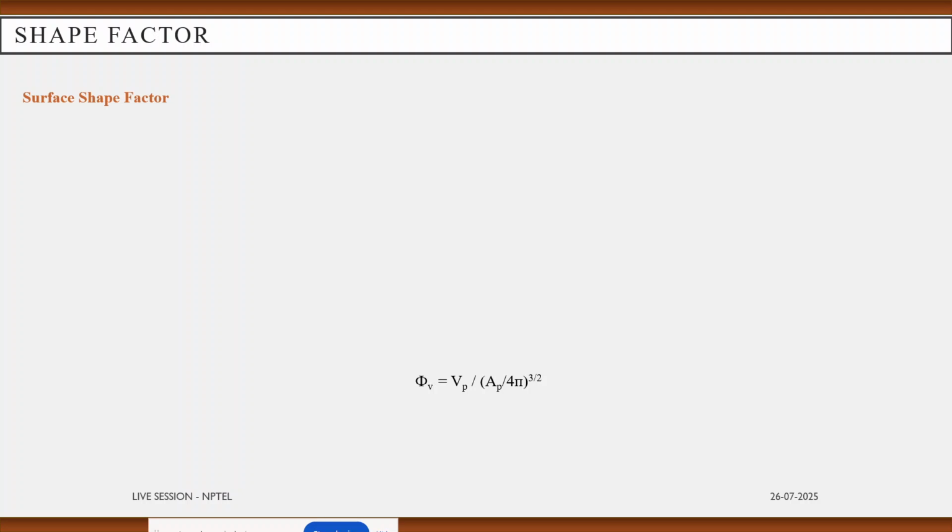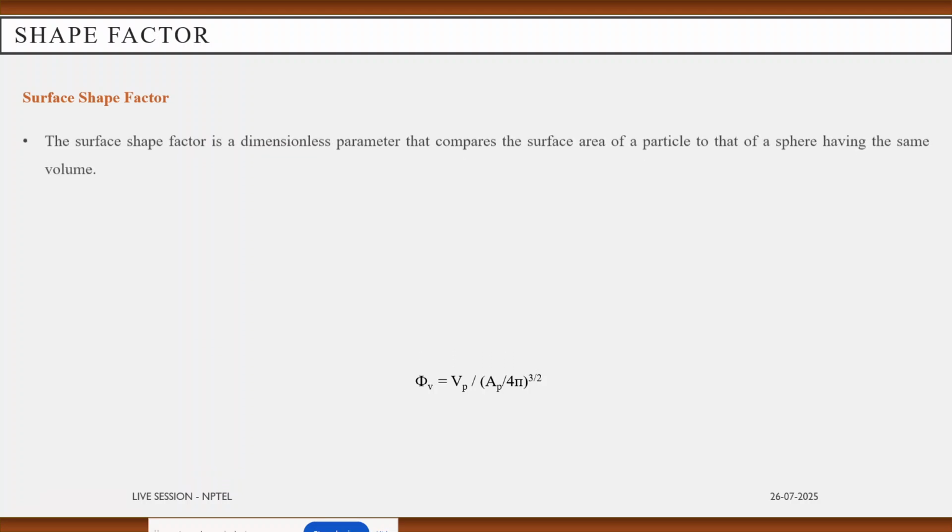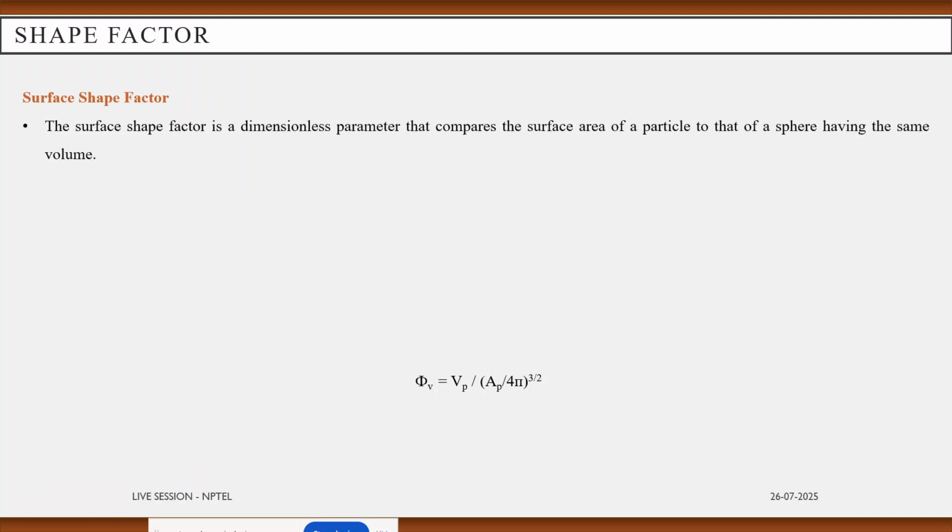So how is the surface shape factor defined? The surface shape factor is a dimensionless parameter that compares the surface of a particle to that of a sphere having the same volume. So this surface shape factor is nothing but surface area of the particle by surface area of the sphere, which is exactly the opposite definition of the sphericity, right?